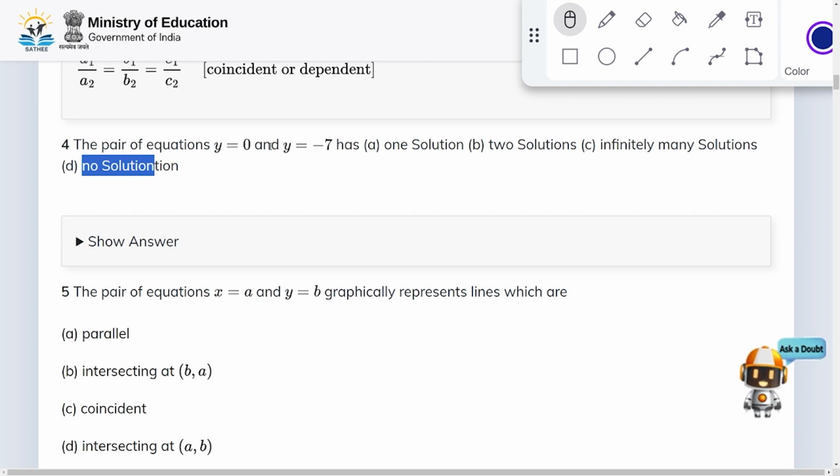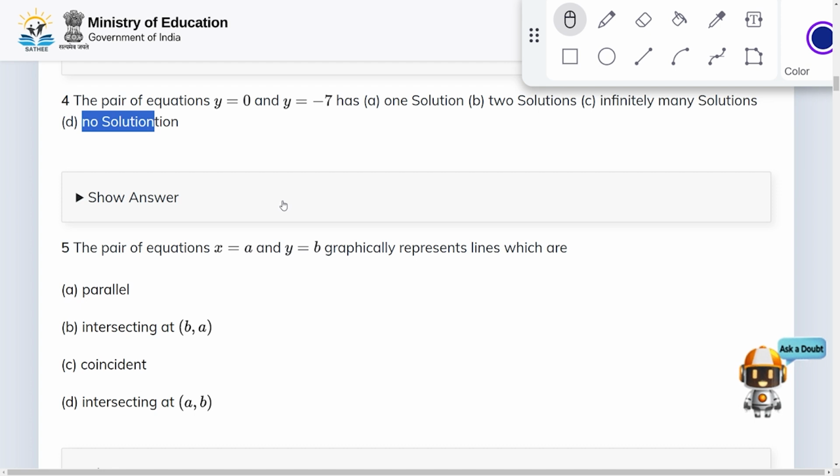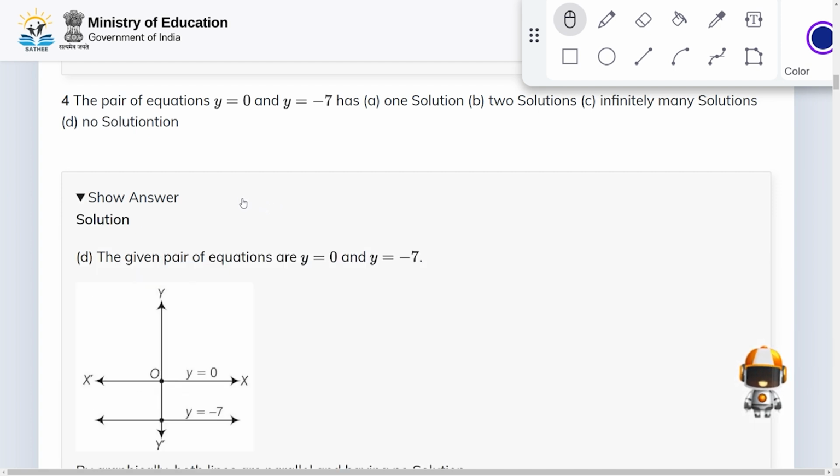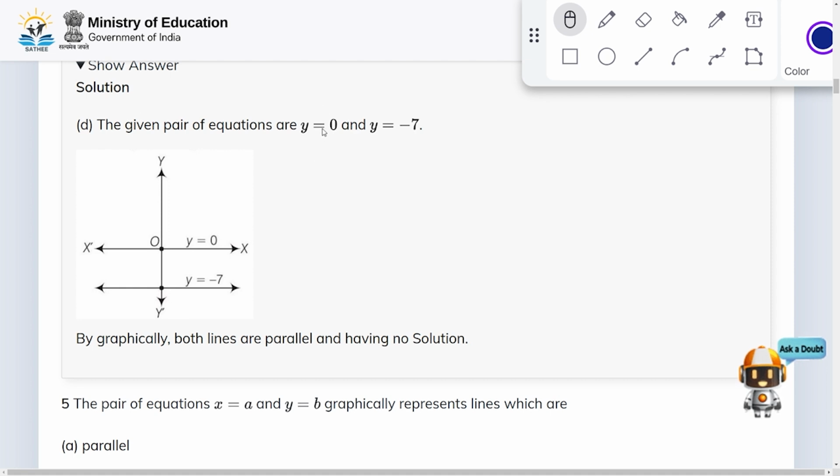So the pair of equations y equal to 0 and y equal to -7. Let us solve which type of solution this pair of linear equations will have.